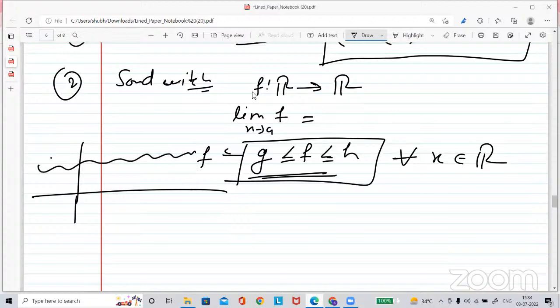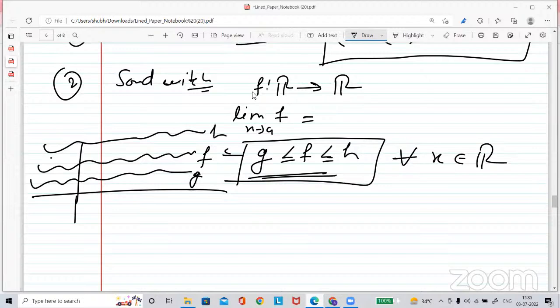You are able to get two functions h and g. g is below, and h is above. So your function lies, over the whole domain, between these two functions. This is the representation of this inequality.